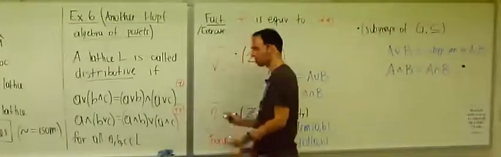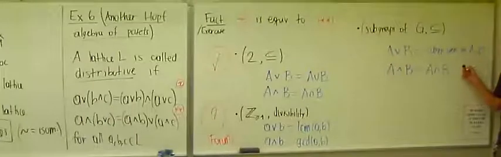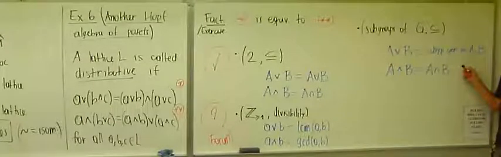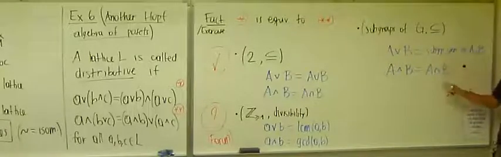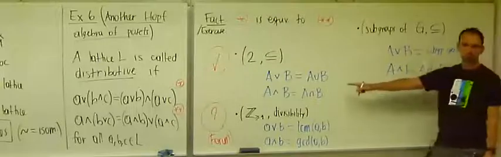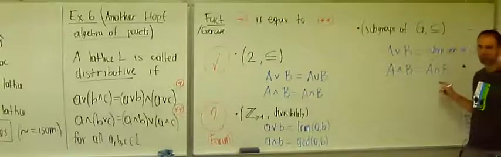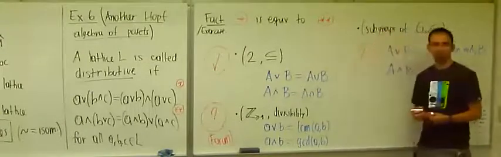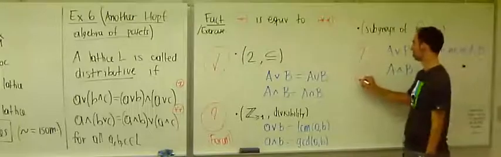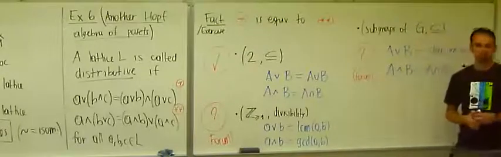This is a good question for the forum. Is it true here? If the operations were union and intersection, this would be true for the same reason it was true here. But the operations are not union and intersection, and so it's also not clear if it holds here or not. So let me also send this to the forum. Okay. But it's a pretty special property, you see.